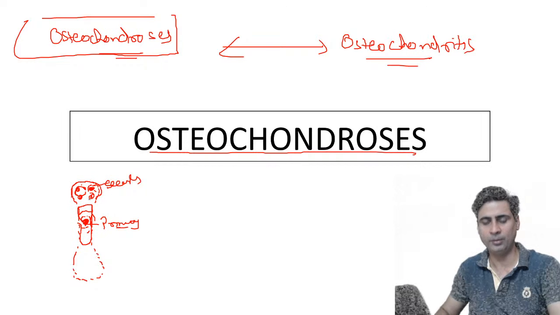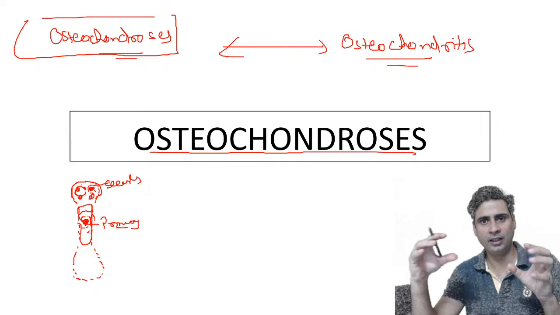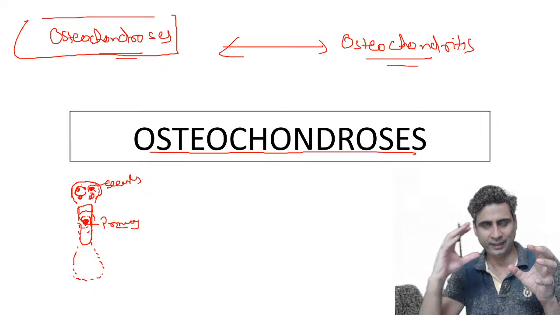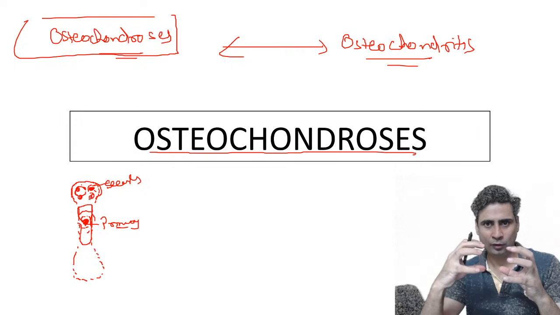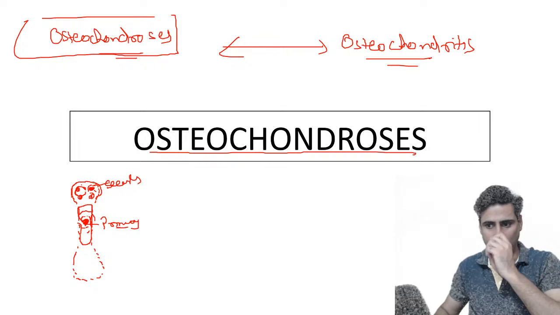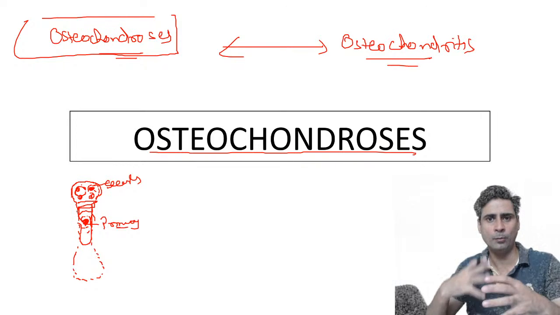This is for the epiphysis, and the number of secondary centers will depend on the bone. So they will unite to form a single epiphysis, and this cartilage at the growth plate or physis will remain. So this is how a bone is formed.